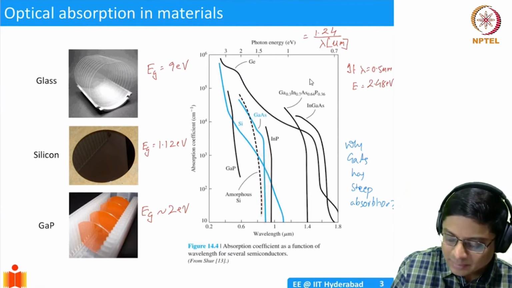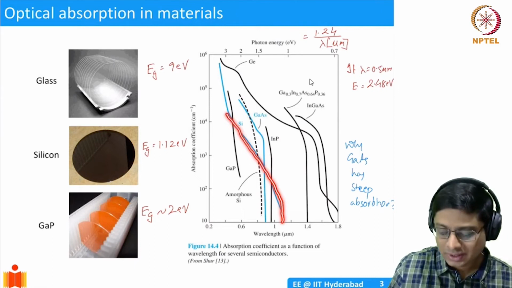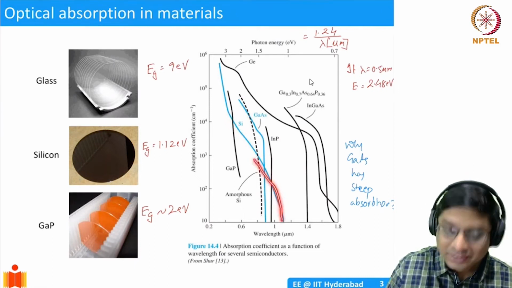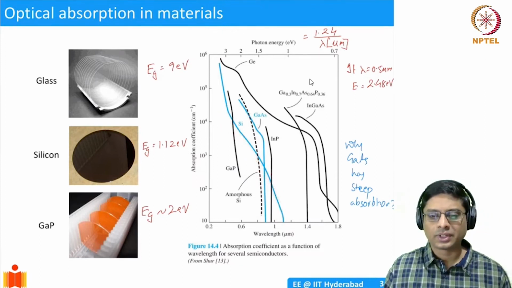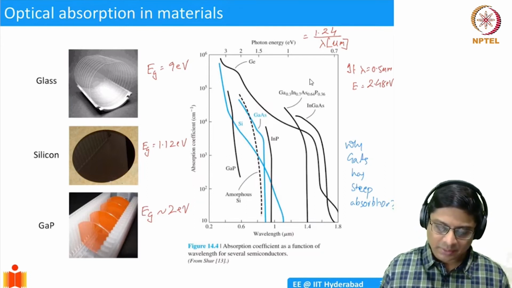Whereas in indirect band gap, if you have higher and higher energy, you need more phonons to help the absorption process, and eventually it increases, but it's a gradual increase. This is one key difference between direct and indirect band gap semiconductors.